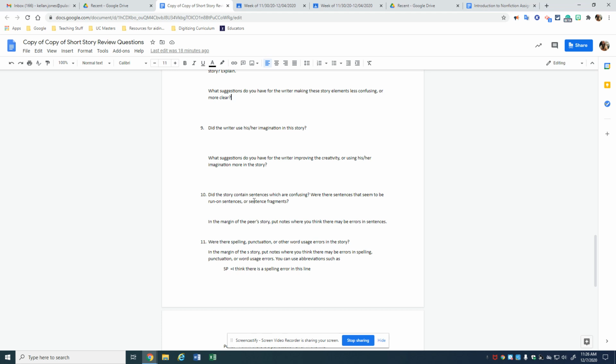A sentence fragment is specifically just not a complete sentence. The biggest thing to help you with this is, because you're doing it on a computer, if you see a blue line underneath a sentence, that generally means it's grammar related. So go check that blue line.